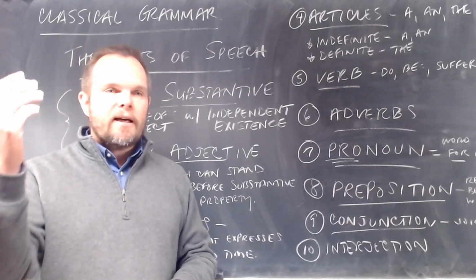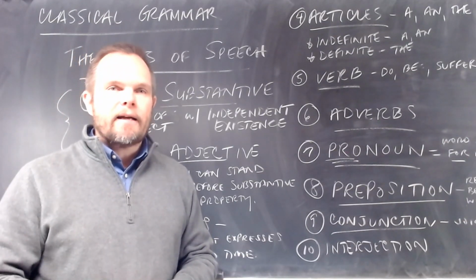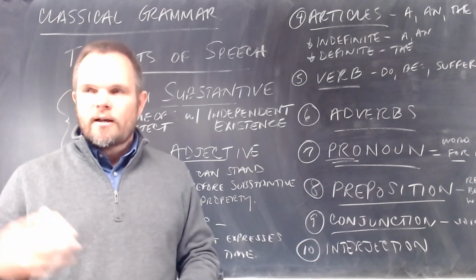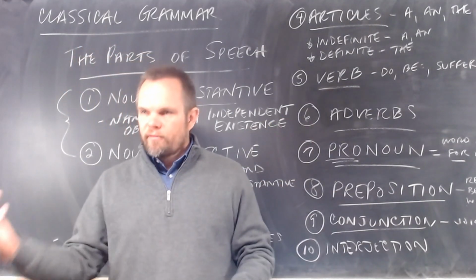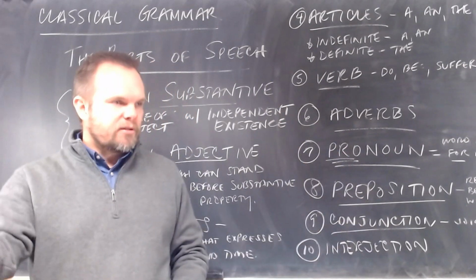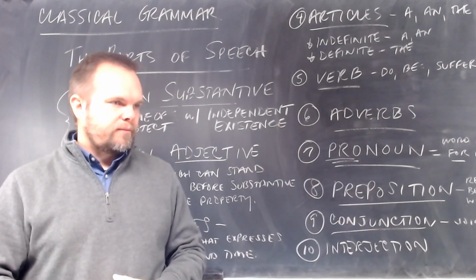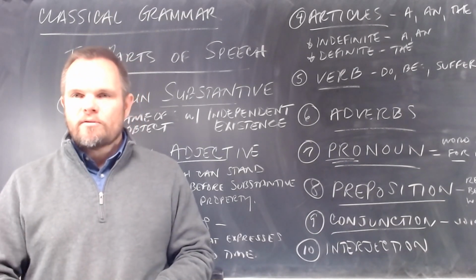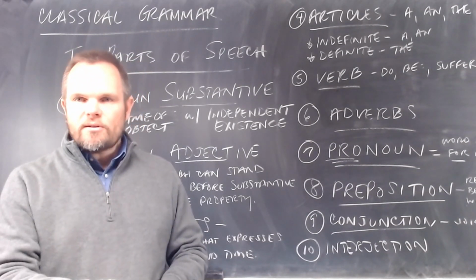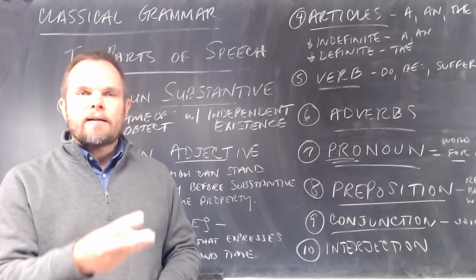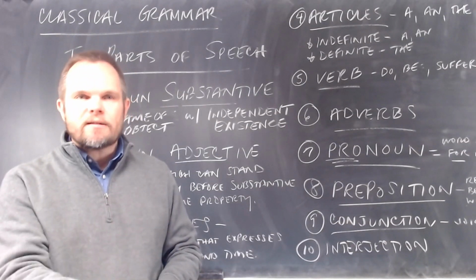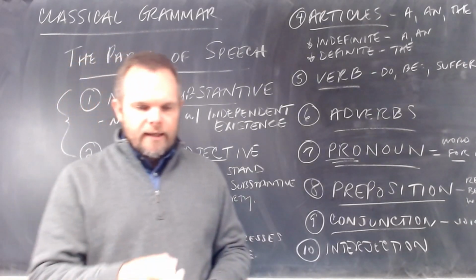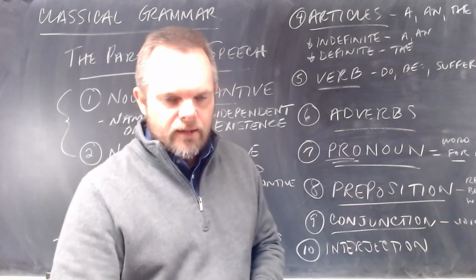So if I say, hey Daniel, give me an example of an adverb, you need to be able to give examples of adverbs, of prepositions, of pronouns, of articles, of verbs, of substantive nouns, of adjective nouns. Okay? Study the names of the parts of speech, the descriptions of the parts of speech, and practice to be able to give examples of the parts of speech. That's everything for lesson 2 in classical grammar.